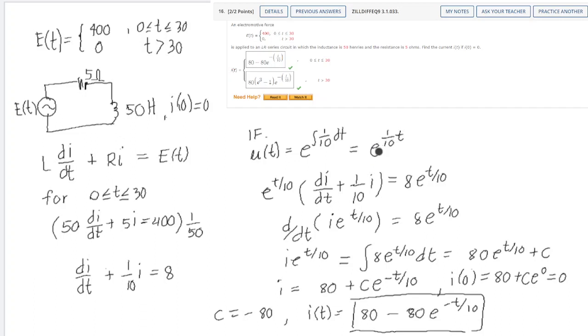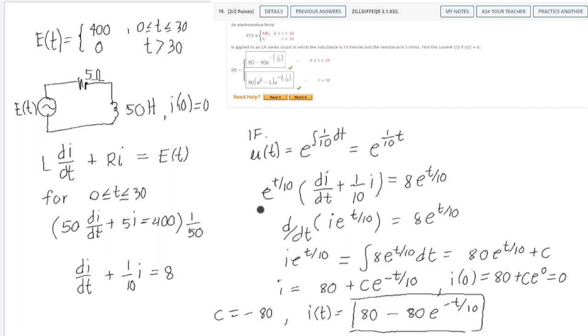This has to be multiplied to our original differential equation. Multiply this to both sides of the equation: e to the t over 10 times dI/dt plus 1 over 10 I is equal to 8 times e to the t over 10.